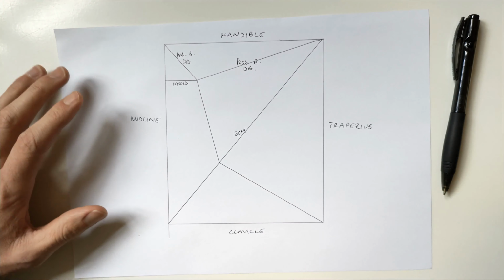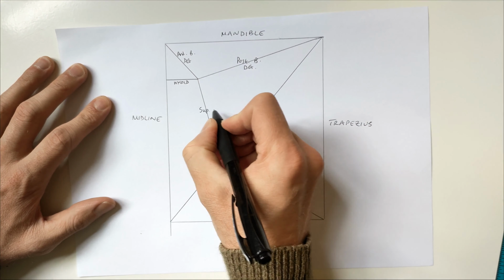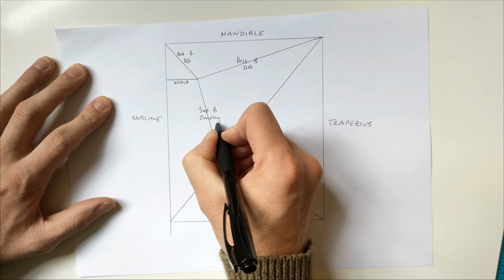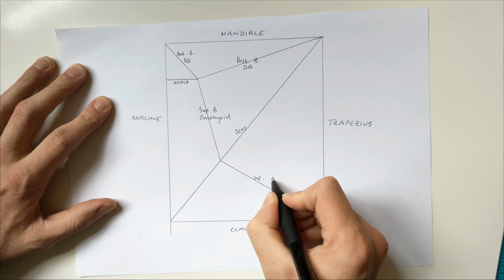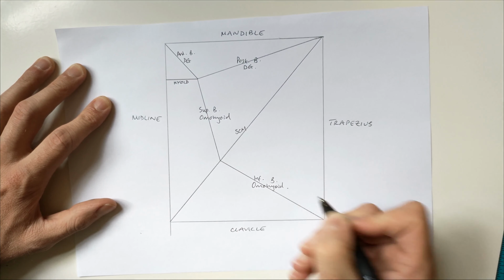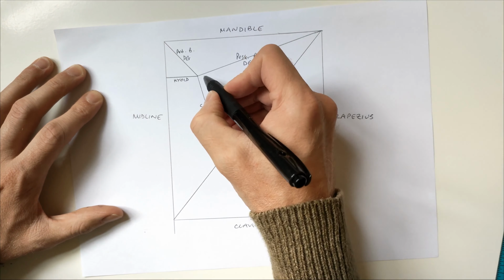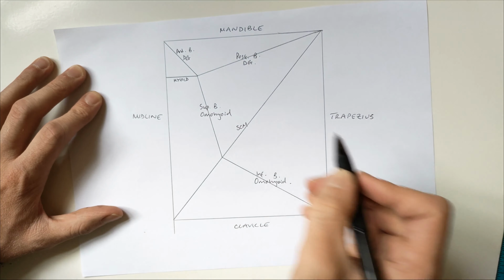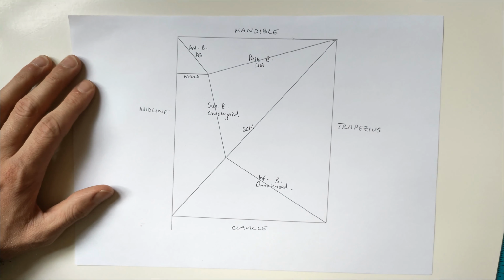It has a superior belly of omohyoid, and an inferior belly of omohyoid. So we have sternocleidomastoid, anterior and posterior belly of digastric, superior and inferior belly of omohyoid, and the hyoid bone, and we now have all our triangles of the neck.